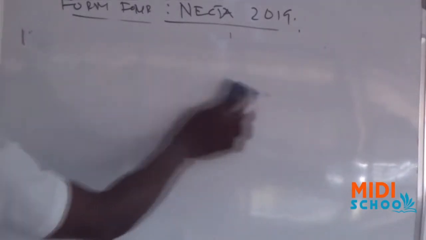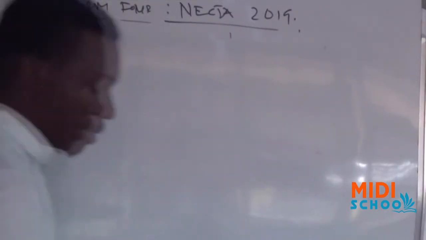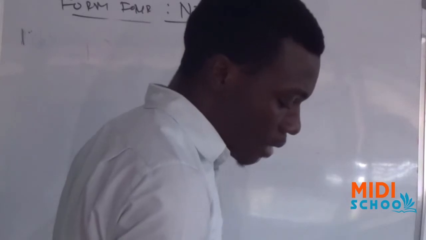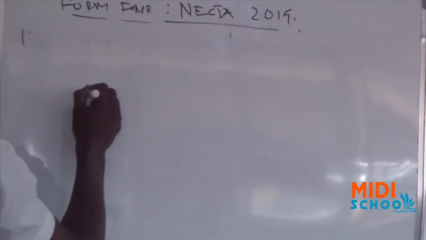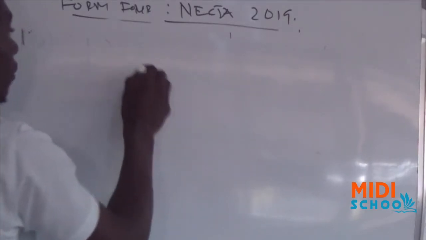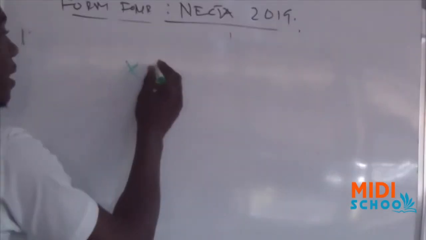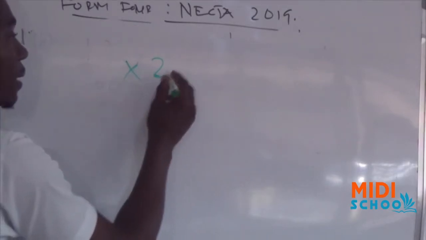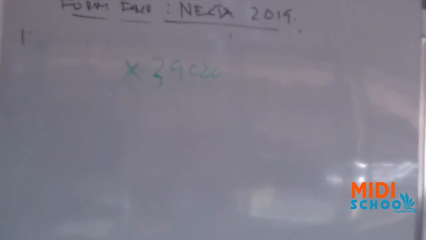So here we find 10% of the amount remained after buying shoes. The amount remaining is 39,000. This was the amount remained after buying shoes.